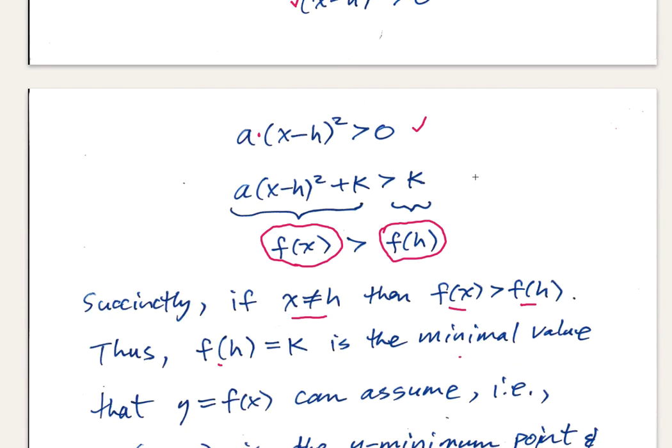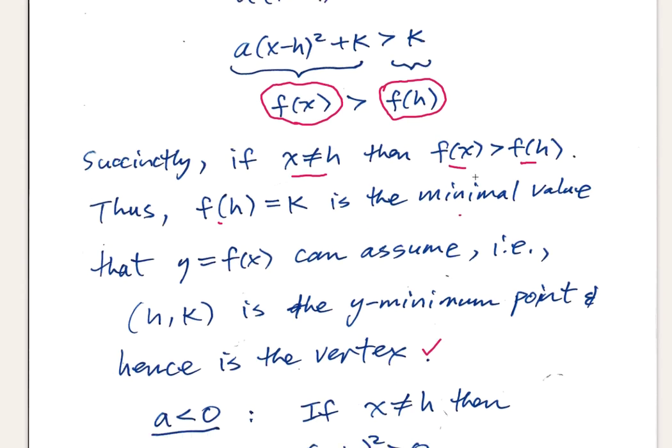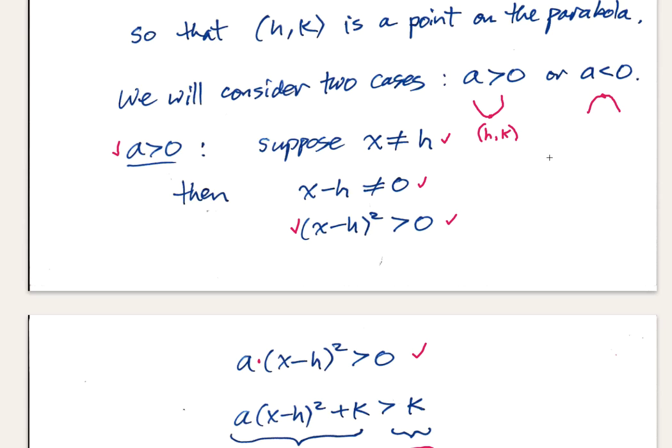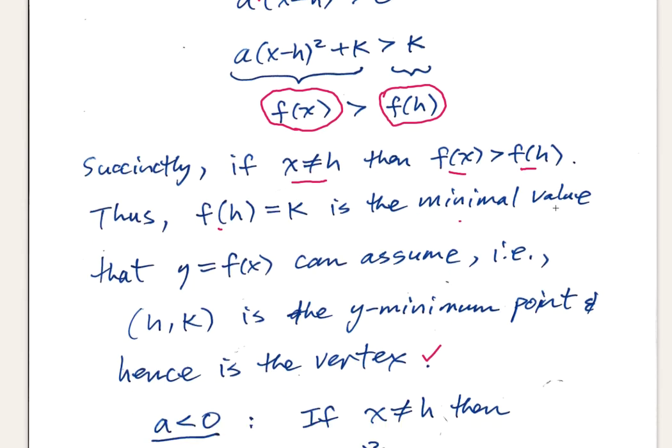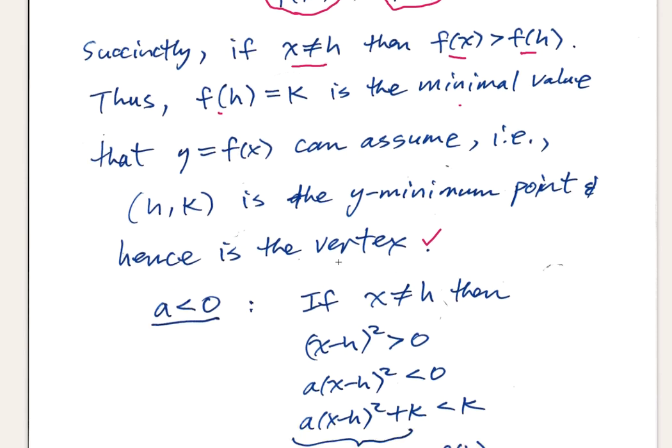Let's consider the second case. It's going to be very similar to the first, but there I'm going to show that it's actually a maximum point. The argument's very similar as I just stated. We're under the assumption that a is less than 0. That is, a is negative. If I take a value of x that's different than h, then x minus h squared is still positive, like we observed above.